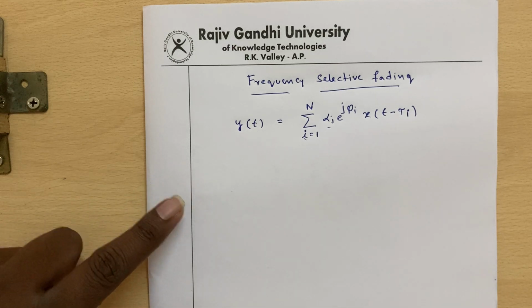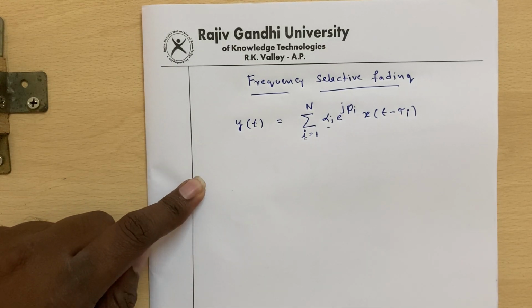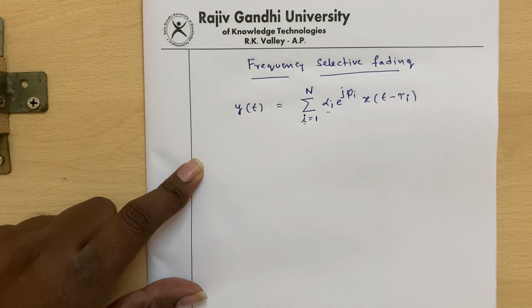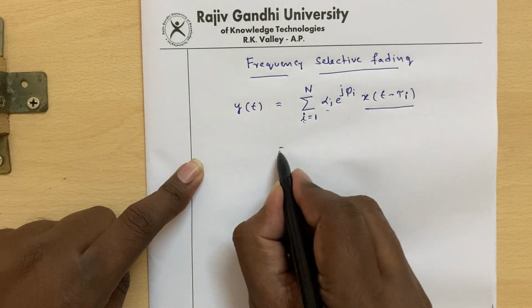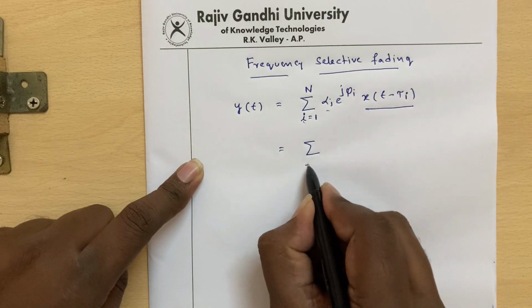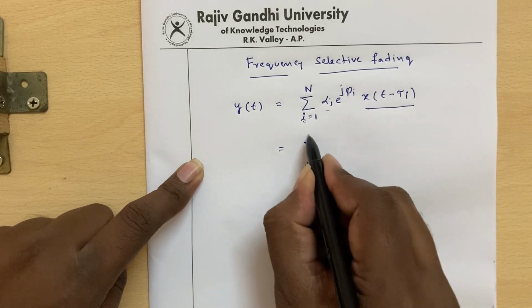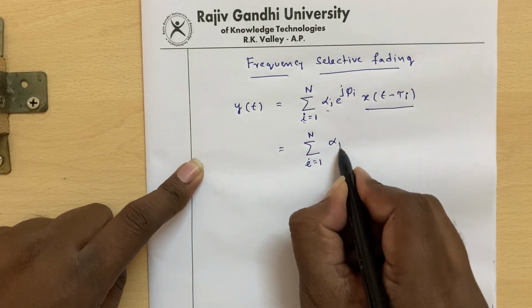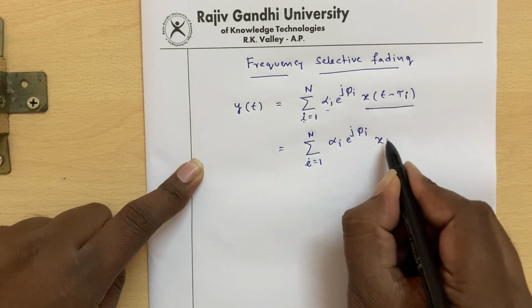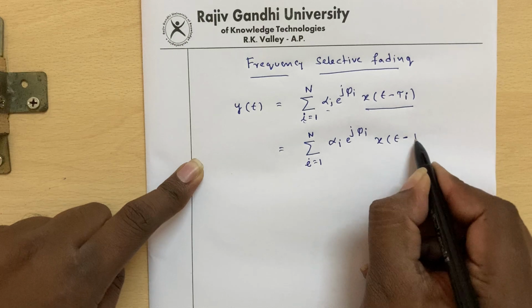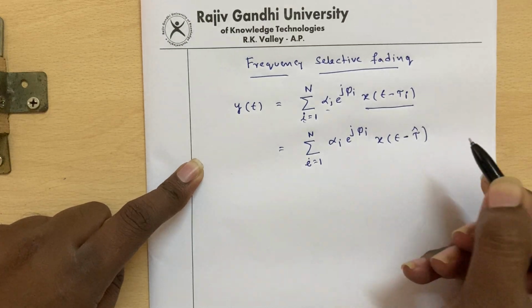So for low bitrate communication, or narrowband communication, we can write this, as we discussed, as alpha i e power j phi i times x of t minus some tau hat.